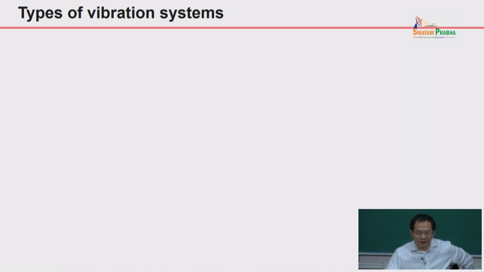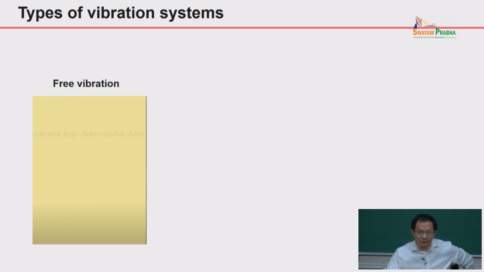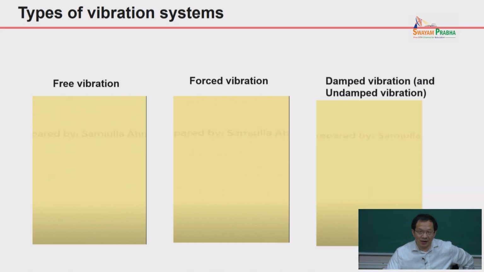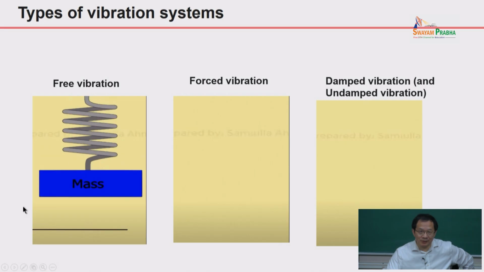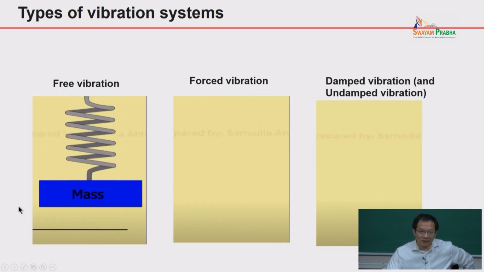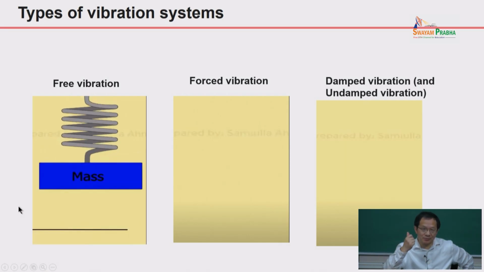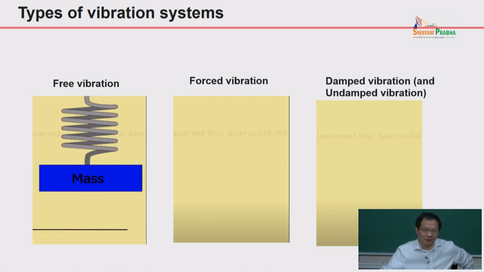There are different types of vibration system. One is free vibration, forced vibration, and damped vibration. You can get a sense of a free vibration system like that: you pull this spring and release, that is free vibration. It will continue to vibrate, right?